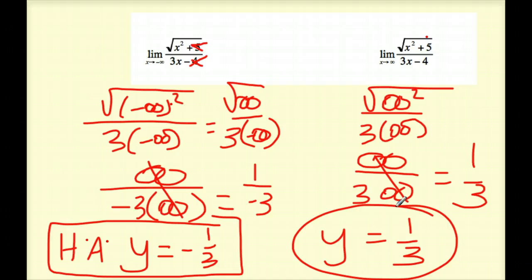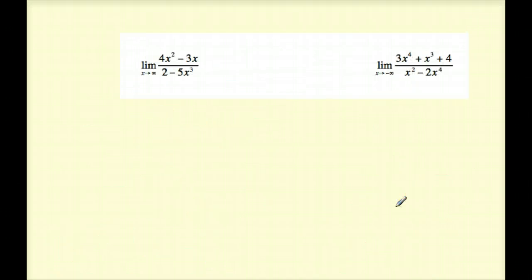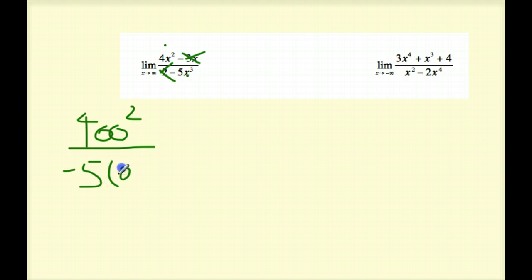Alright, so let's go ahead and take a look at the next problem. Once again, let's take a look at our powers. If you notice, this term right here has a bigger power, and this term right here has a bigger power. So I'm going to get rid of this one and this 2 right here. I plug in infinity and I get 4 infinity squared over negative 5 times infinity to the 3rd.